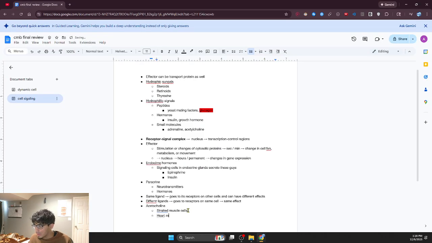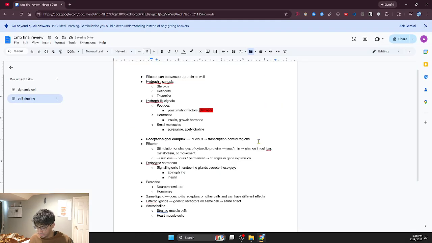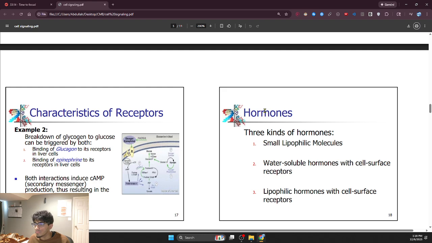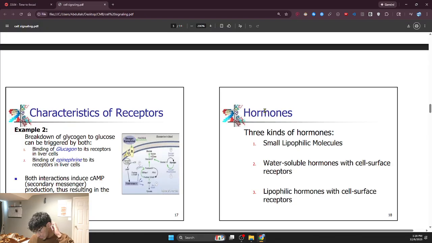What the hell? A glucagon receptor is obviously gonna bind to glucagon, which is gonna cause glycogen to be made into glucose to increase blood sugar.